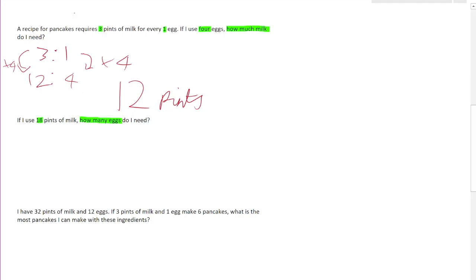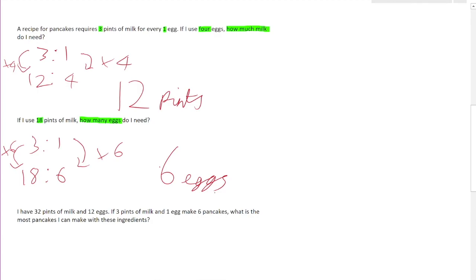So we have 3 to 1, except this time it's not 3 to 1, it's 18 to our mystery number. To get from 3 to 18, it's times 6. So we need to do 1 times 6, which gets us, surprisingly, 6. And all of a sudden, we know that we need 6 eggs, so half a dozen eggs.